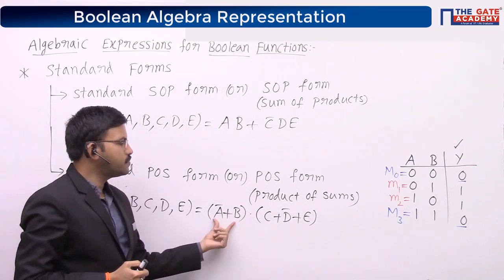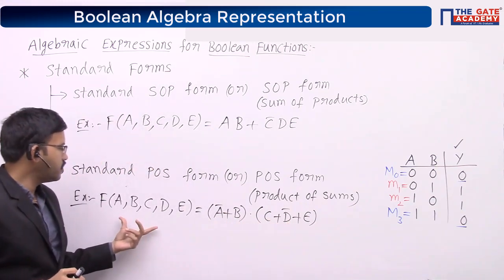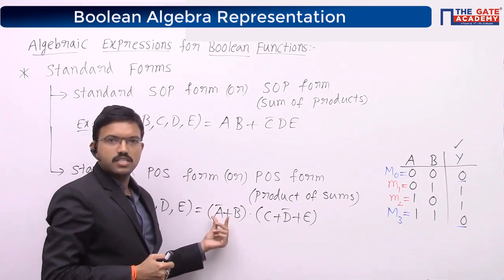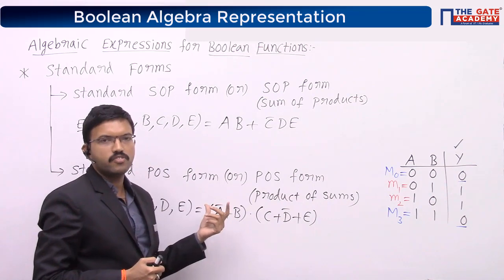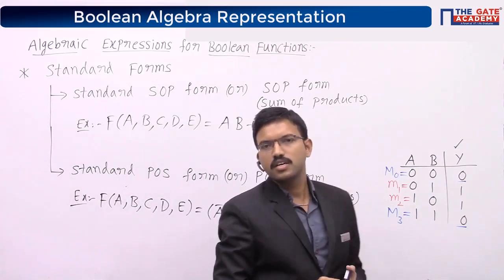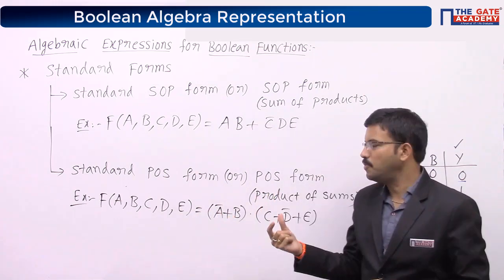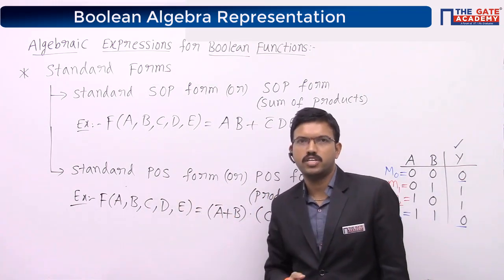Here number of literals is 2, here number of literals is 3. But the given number of variables is 5. If in each sum term, the number of literals is less than the total number of given variables, then I will call that particular term as sum term only. I won't call it as a max term. In max term, the number of literals present is equal to the number of given variables.